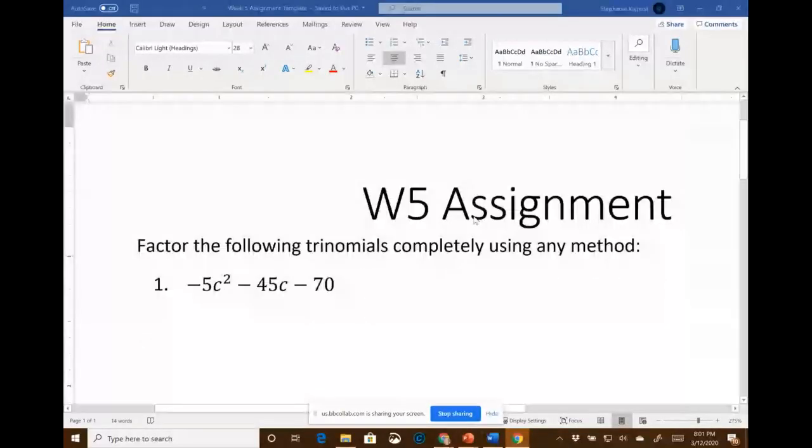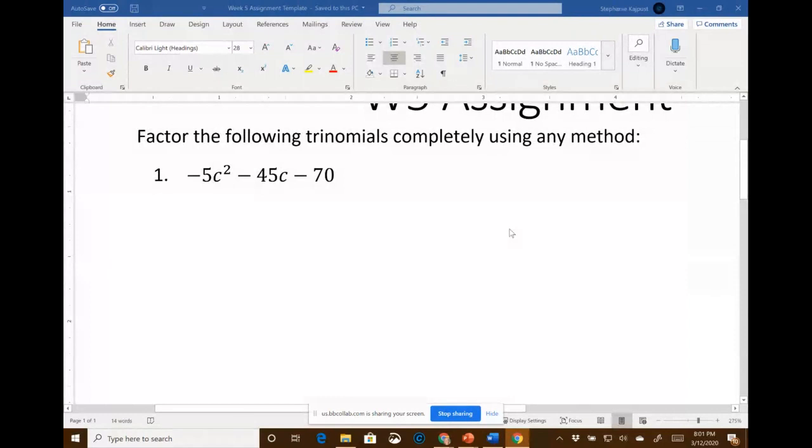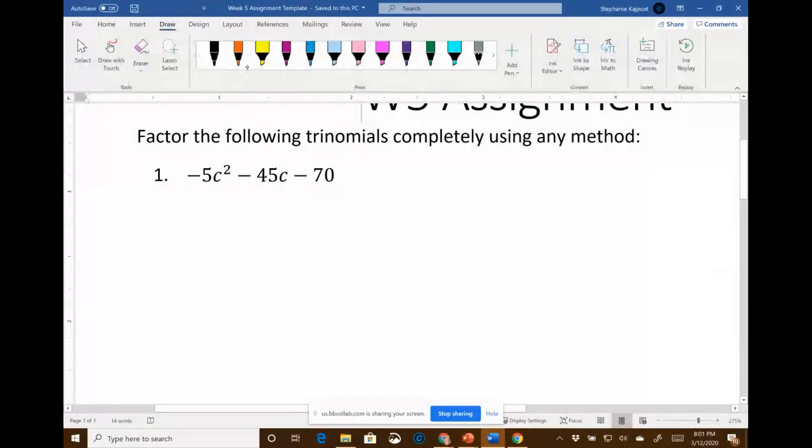Okay, so for problem 1, we'll just do what we just did here. First, we need to find the GCF, and we're looking for negative 5c squared. You can keep the negatives. It really doesn't matter whether you keep the negatives or not when you're doing this.